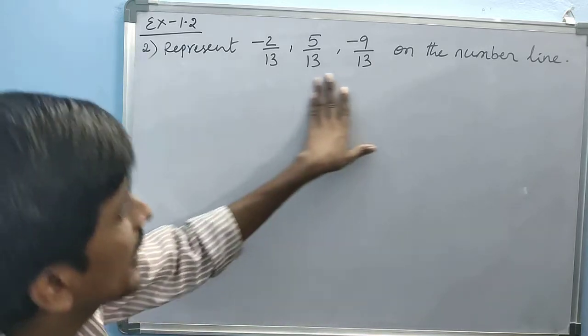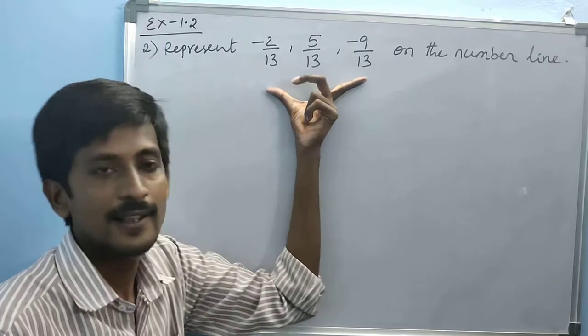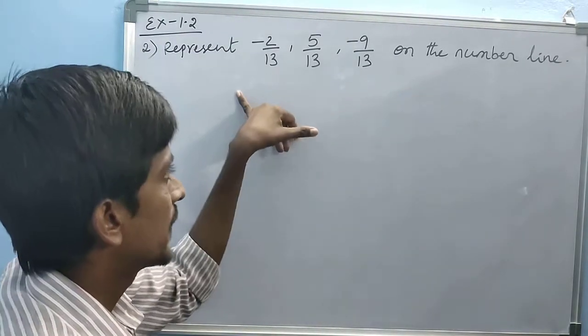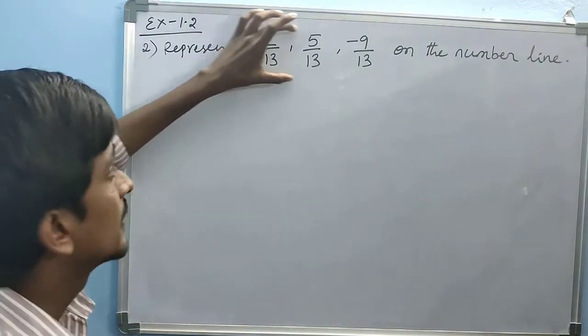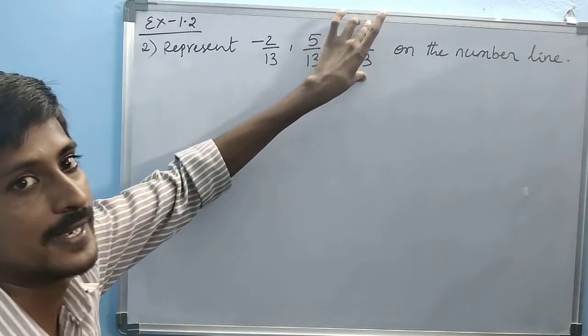Here, the given three rational numbers are like fractions because the denominators are the same. And the second thing is, they are all proper fractions.